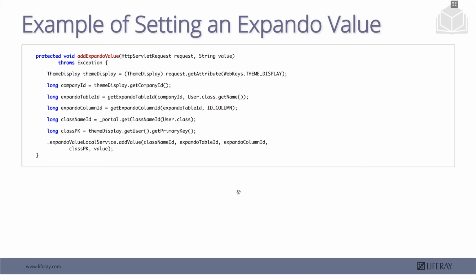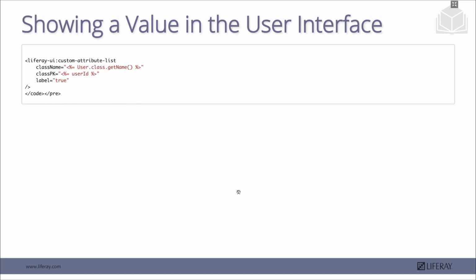From there, we're going to get this class name ID for the user. And then once we have the user, we're going to call the ExpandoValue local service to add a value to the custom field class name ID, right? And that's going to be kind of the long story short here for our example of ExpandoValue.